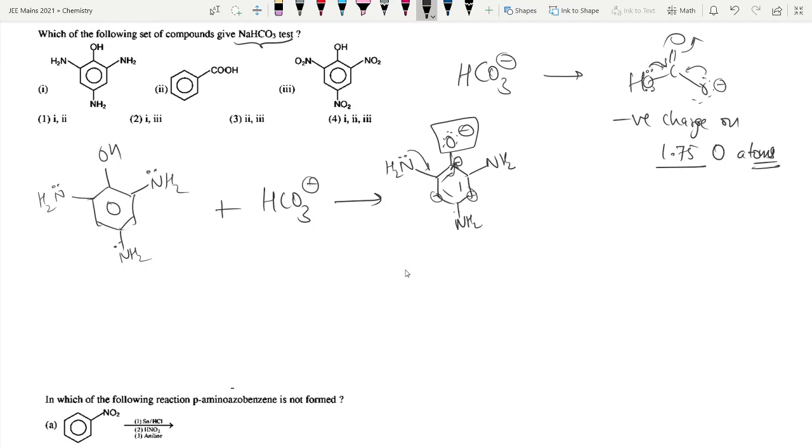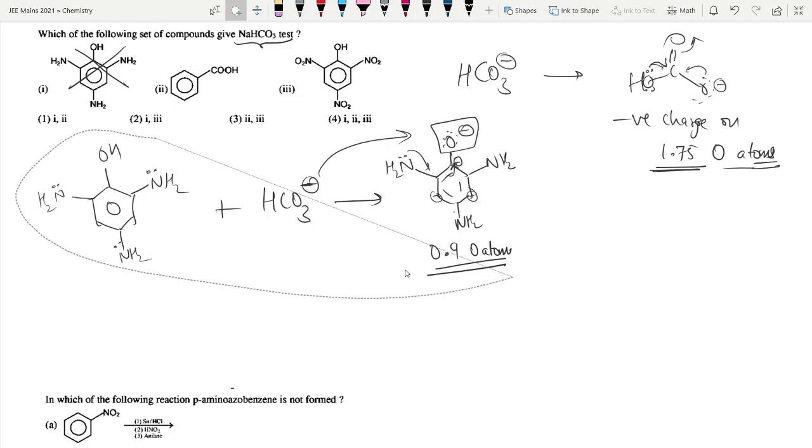So eventually I feel this is like 0.9 oxygen atoms involved in sharing the minus charge, where here you have 1.75 oxygen atoms involved in sharing the minus charge. So from here the minus charge going to this oxygen is not favorable, so this will not give the test. Let's move on to the next one.